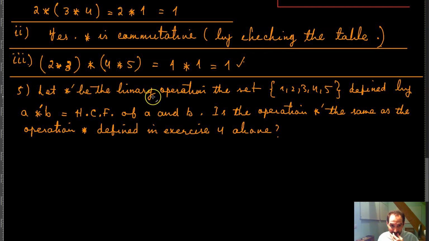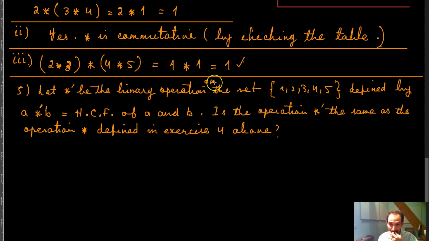So star prime is the binary operation on the set 1, 2, 3, 4, 5, defined by this rule, and we want to know if star prime is the same as the operation star defined in exercise 4 above, meaning that the images are going to be the same.